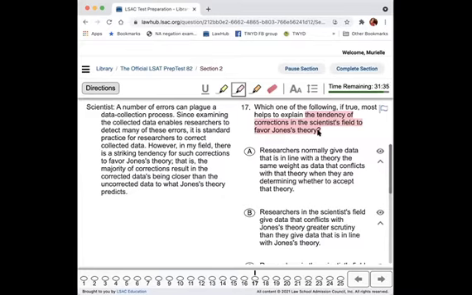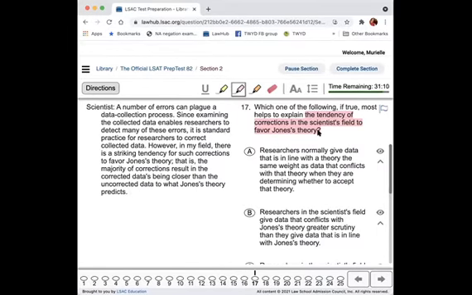So here I know that there's going to be a bit of a turn. They're going to start out just giving me some information, and then they're going to bring up this point that's unexpected. Yeah. So the question stem gives me an idea of what to expect.